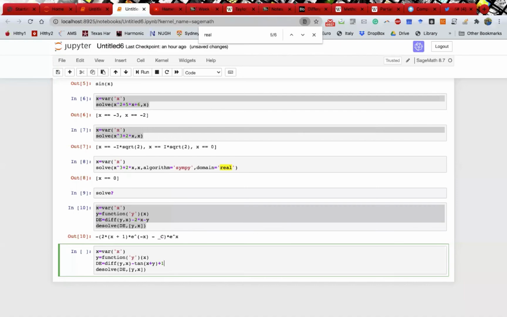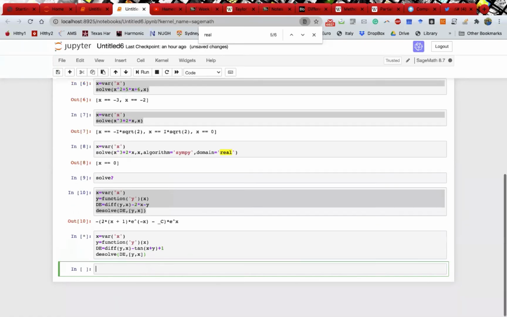Okay, this one. x is an independent variable, y is dependent. So I'm assigning this differential equation to dE, and I want Sage Math to solve this differential equation in terms of y and x.